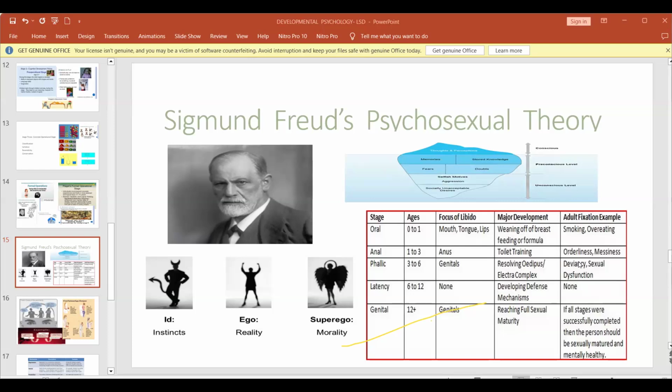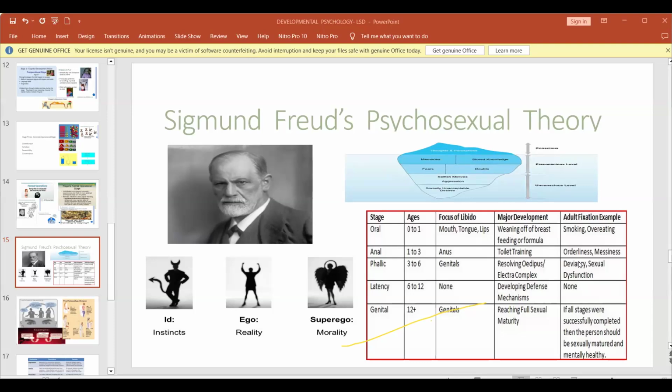Okay. Then the latency period. Latency is from 6 to 12, the school-going child in the primary. During that stage, there is no focus of libido or a particular body part that the child needs stimulation.